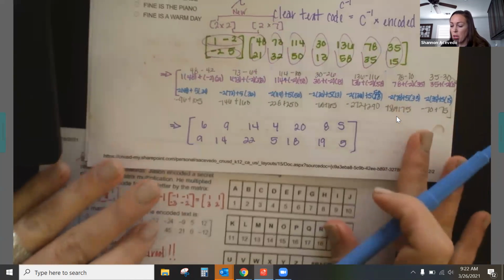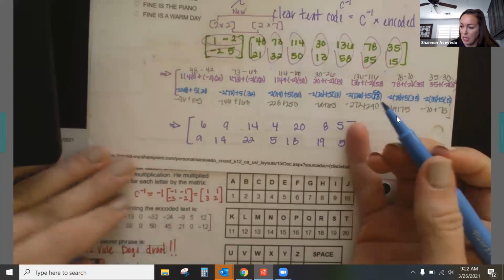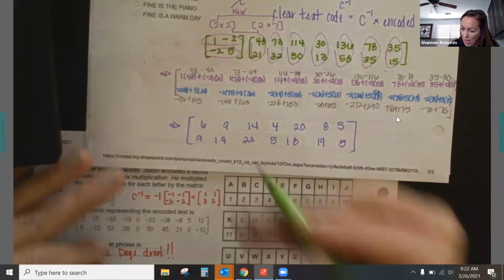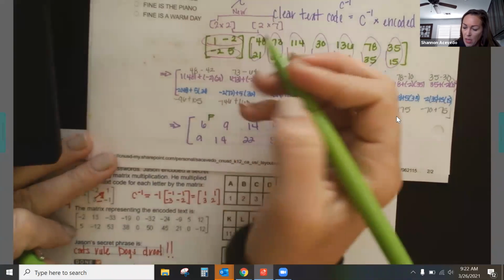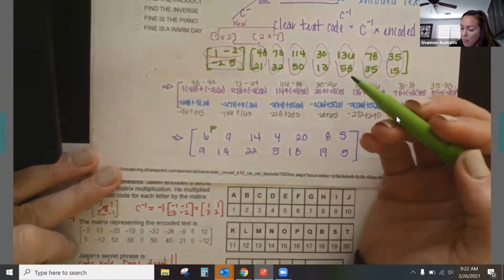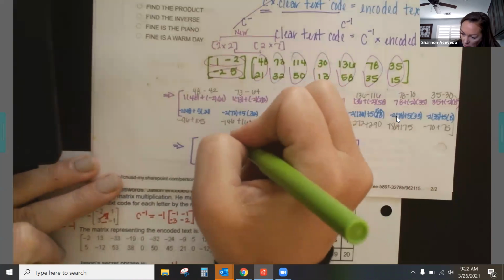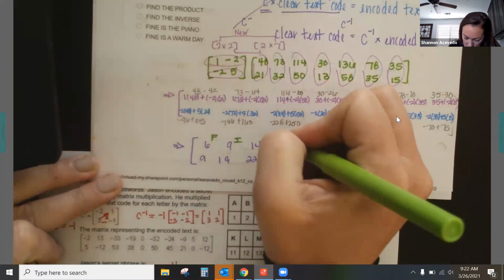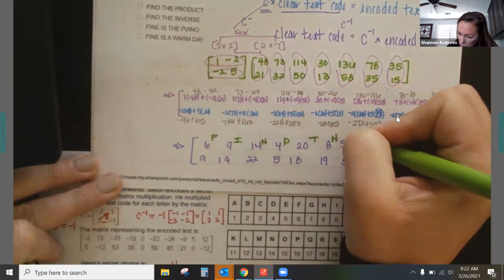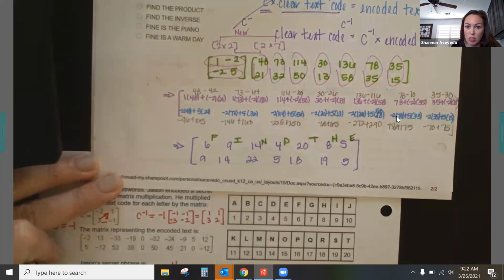So if I look here at my coding, my 6 matches up with F, so it's going to be an F. You could kind of see where it starts to differentiate up here, but it's going to be F, I, N, D, T, H, E. Notice this one didn't have zeros for the space, but it's still going to go in order.